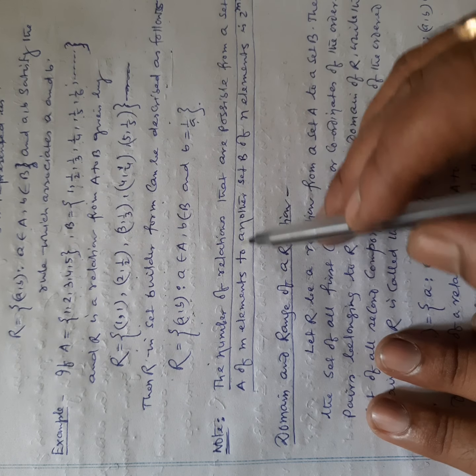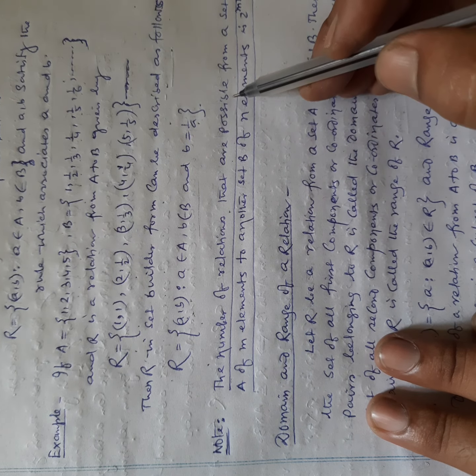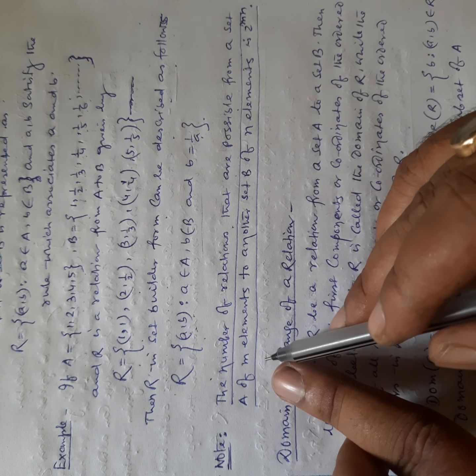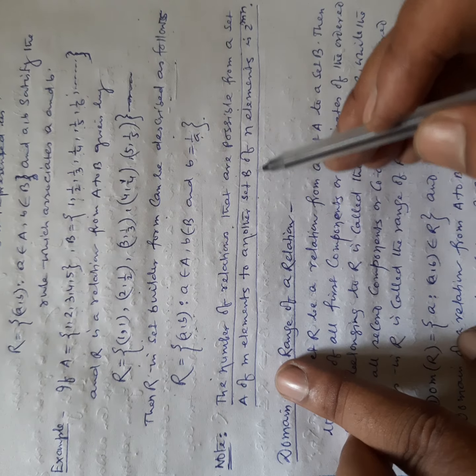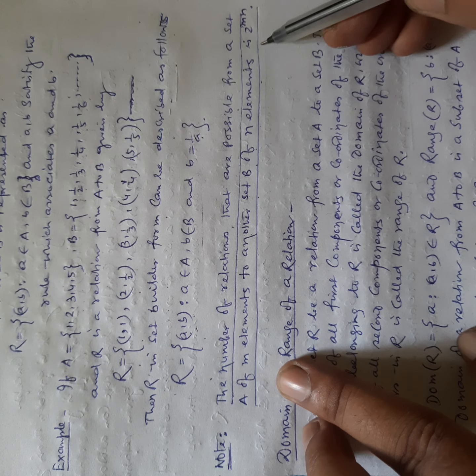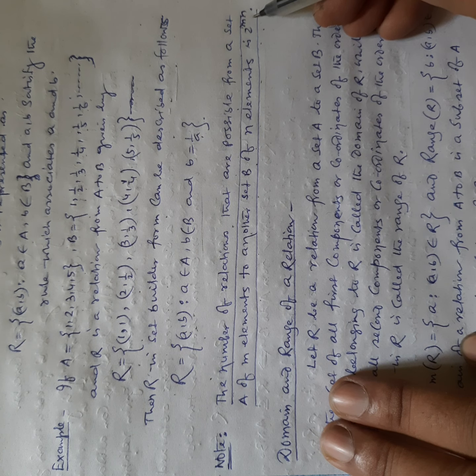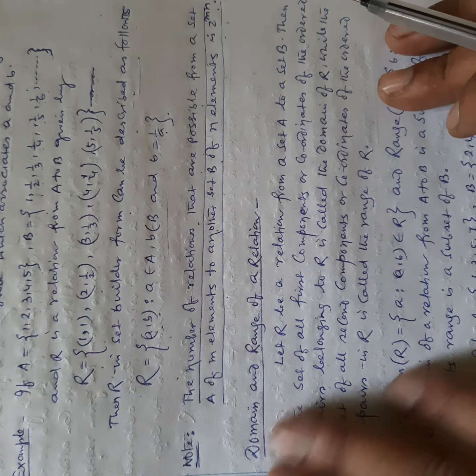The number of relations that are possible from a set A of m elements to another set B of n elements is 2 to the power mn. Domain and range of a relation.